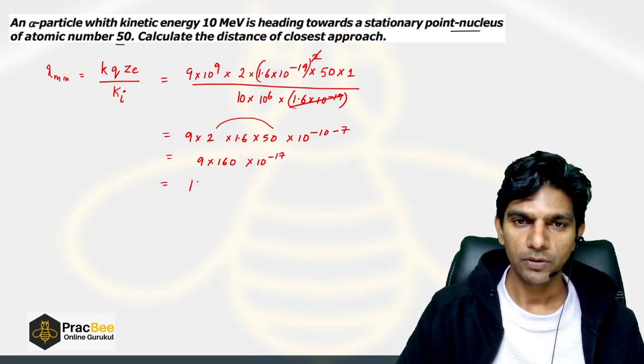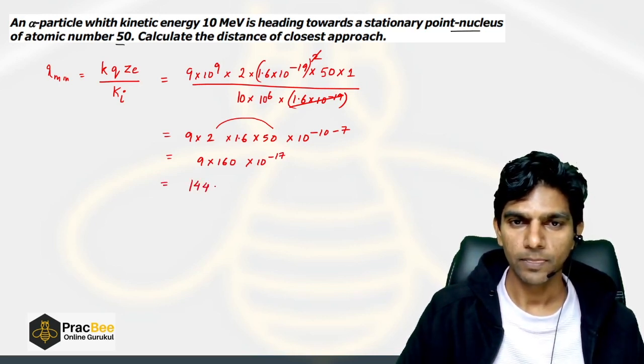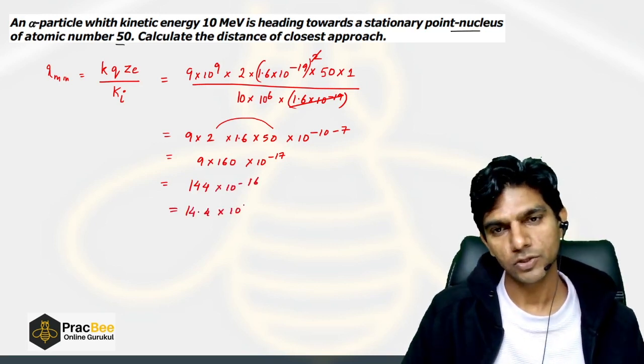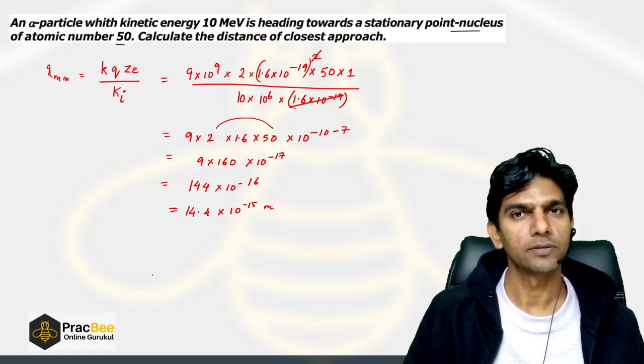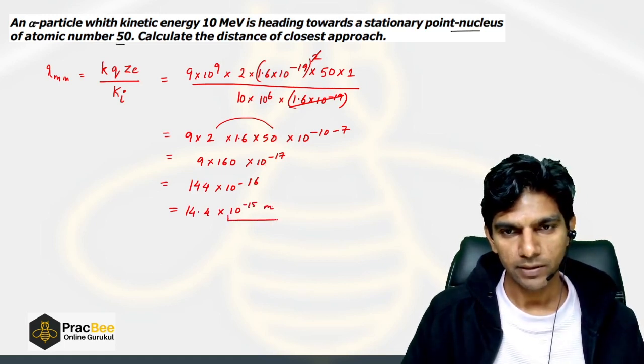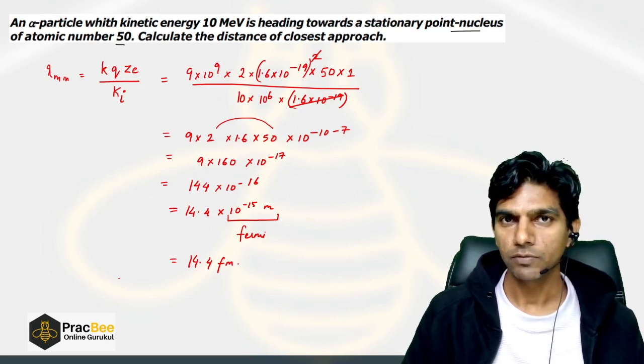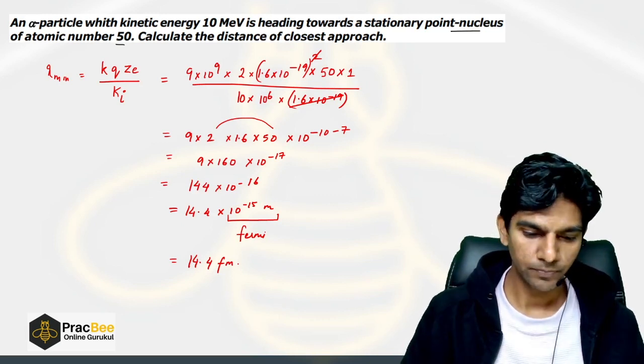This comes out to be 144 into 10 raised to power minus 16, or we can say 14.4 into 10 raised to power minus 15 meters. We know that 10 raised to power minus 15 meter is nothing but a Fermi. So we can write this as 14.4 Fermi. That is the distance of closest approach in this question.